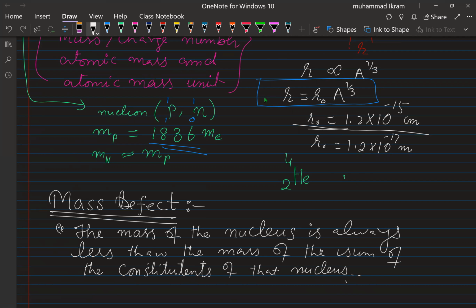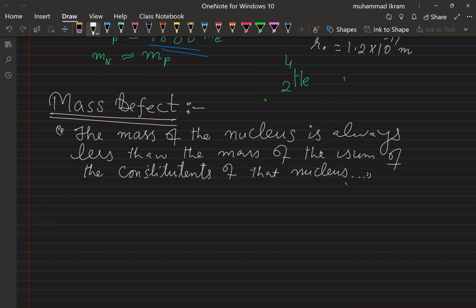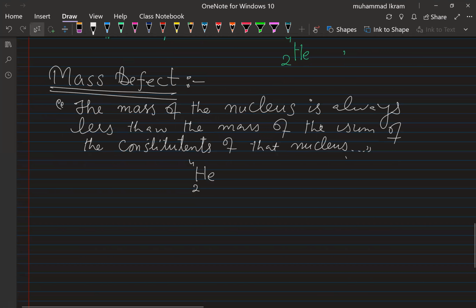This is very easy. For example, take the example of helium 2 4. Suppose I have a pen in my pocket and the pen has a mass of, for example, 10 gram.